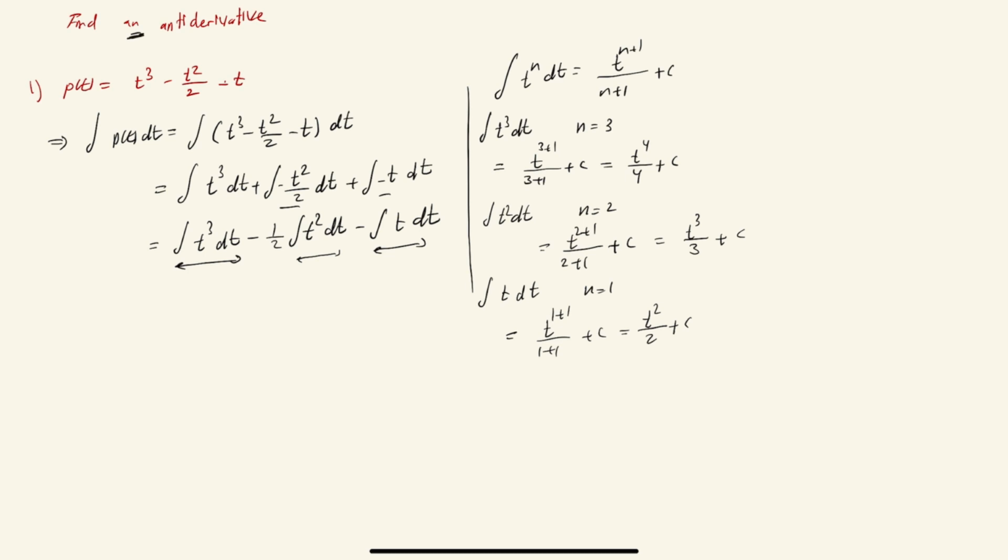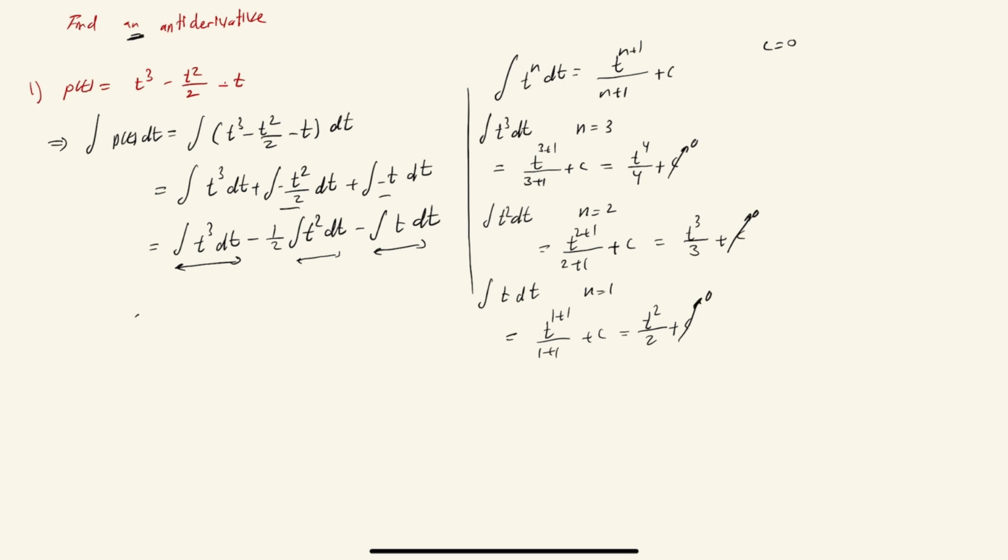Note here, since we only want to find one antiderivative, I can pick any value for c. Here I pick c to be 0. Therefore, the result of the integral is going to be t to the 4 over 4, and then minus half multiplied by the result of the integral of t squared, that is t cubed over 3, and then minus the result of the integral of t, which is t squared over 2.